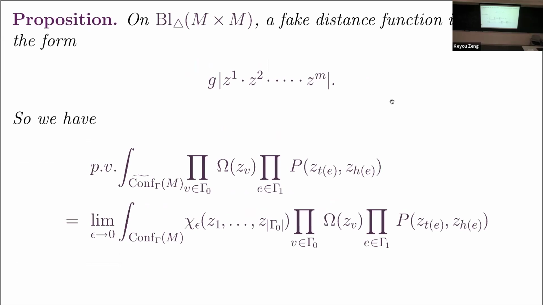And moreover, we can prove that on the blow up of M cross M along the diagonal, a fake distance function is locally given by this form. So therefore, we can say that the Cauchy principal value is equal to the limit we have introduced before. So that's the proof of our main theorem. Any questions on that?